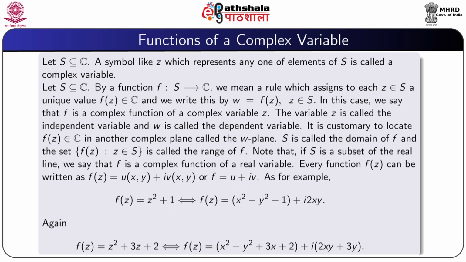As for example, f of z equal to z squared plus 1 if and only if f of z equal to (x plus iy) whole squared plus 1, if and only if f of z equal to x squared minus y squared plus 1 plus i times 2xy. Again, f of z equal to z squared plus 3z plus 2 if and only if f of z equal to x squared minus y squared plus 3x plus 2 plus i times (2xy plus 3y).